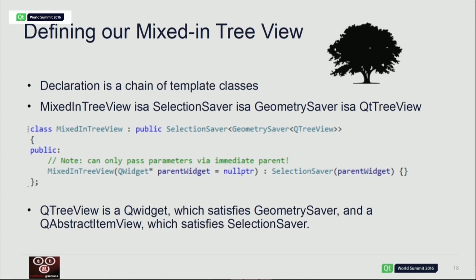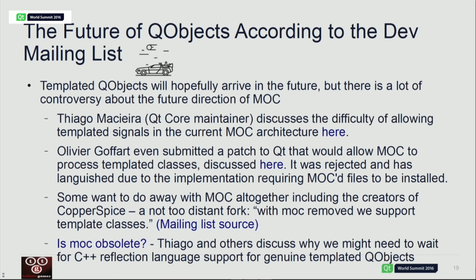And a QTreeView is a QAbstractItemView, so we're satisfying its requirement of having a selection model function that will return a valid selection model and allow us to save that off and listen to signals regarding things being selected and unselected. So that's the tricky bit.